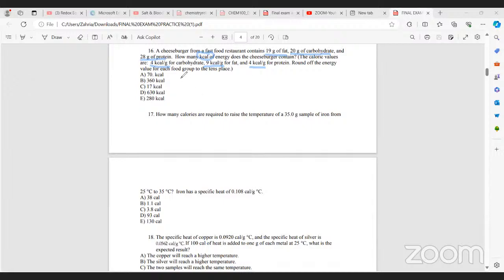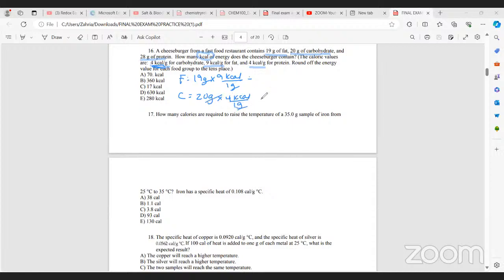For the fat, we're going to say 19 grams times, and find the one for fat, which is 9 kilocalories, divided over 1 gram. Cancel, cancel. For your carbs, you had 20 grams of carbs times 4 kilocalories per gram.